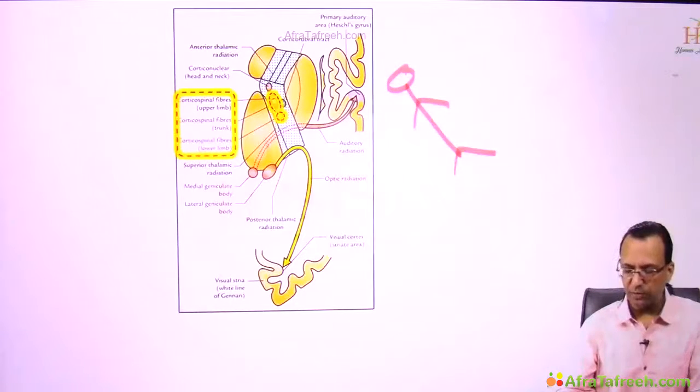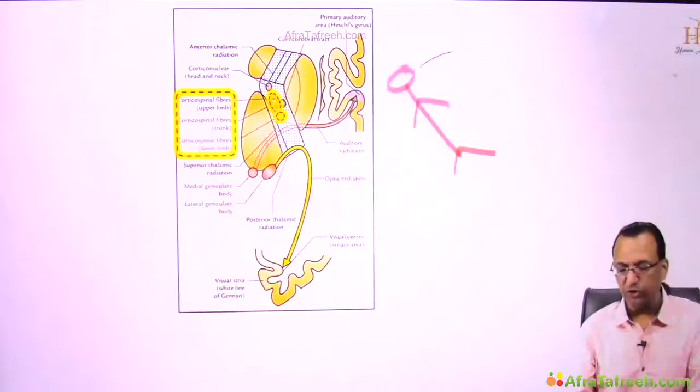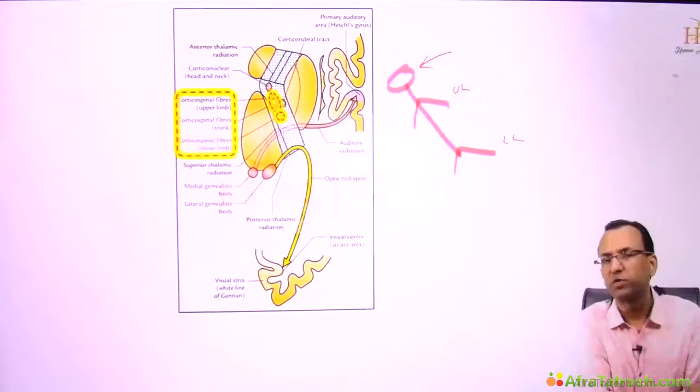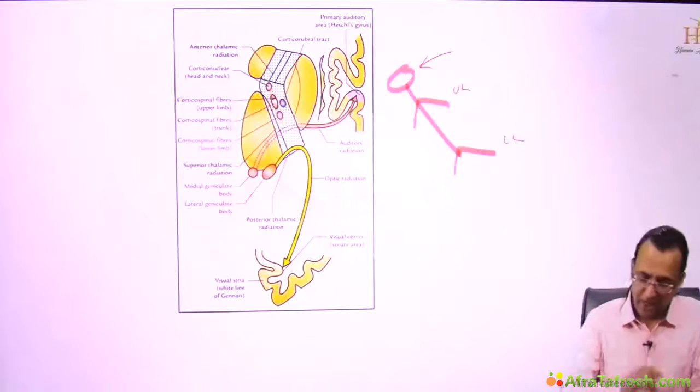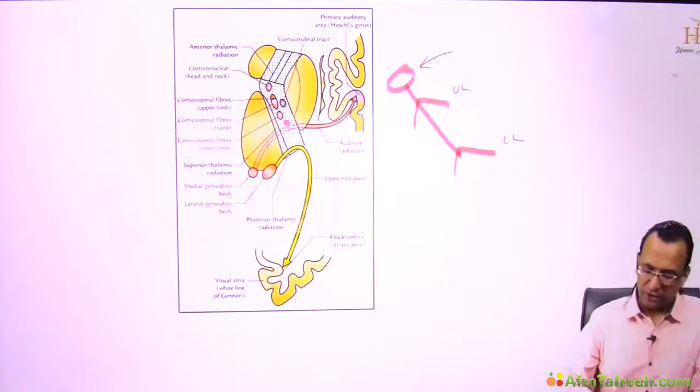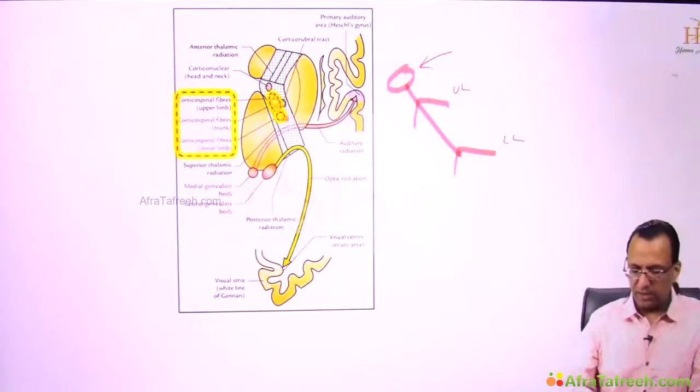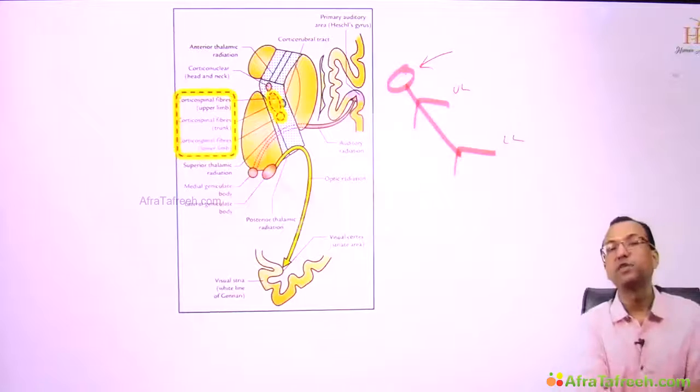So the fibers of the head pass through the genu, whereas the upper limb or lower limb fibers pass through the posterior limb of the internal capsule. This corticospinal tract controls the upper limb, the trunk region and the lower limb fibers. They are in the posterior limb of the internal capsule, whereas the head fibers were in the genu.